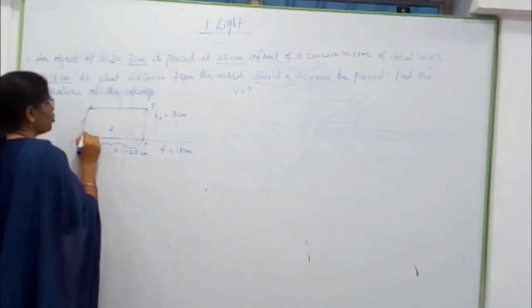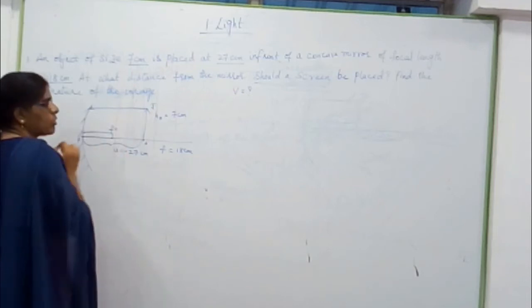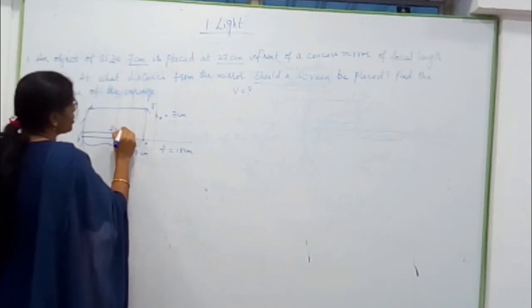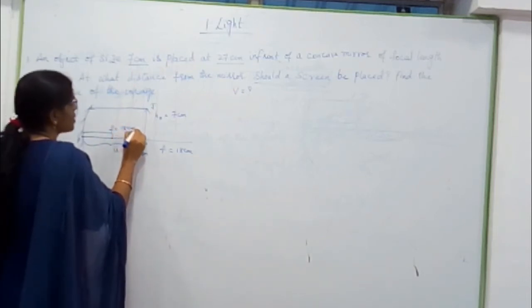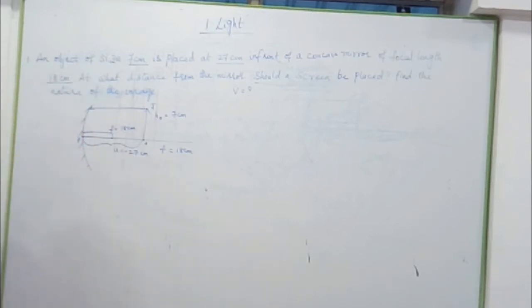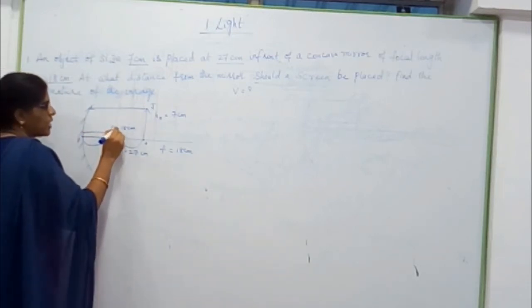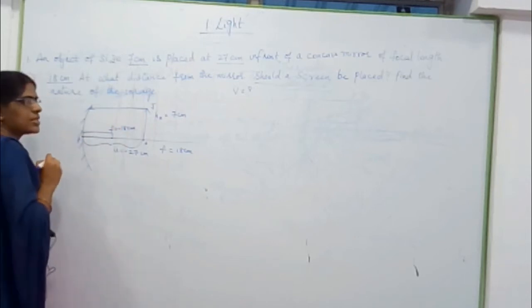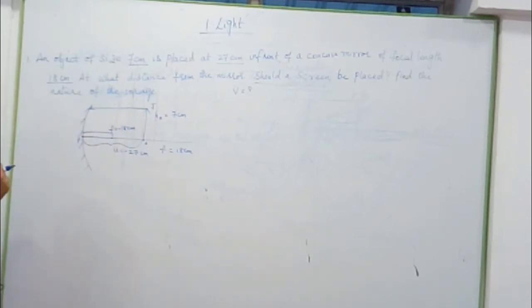Pole to the focus is the focal length, given as 18 centimeters. But I am measuring it in the opposite direction, hence it should be taken as minus.